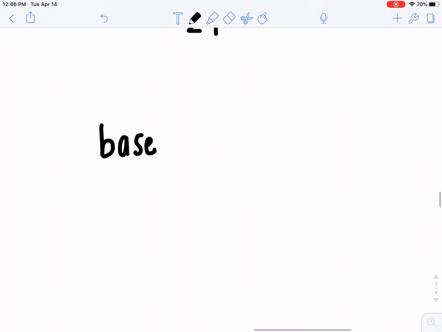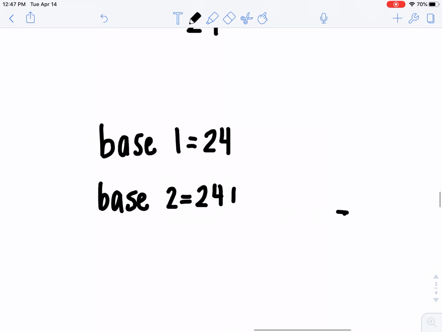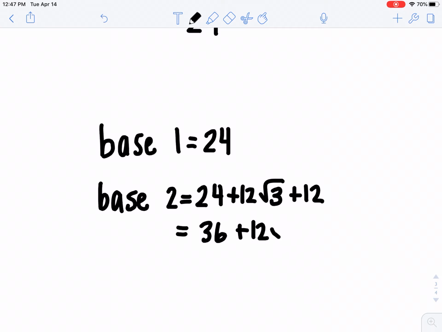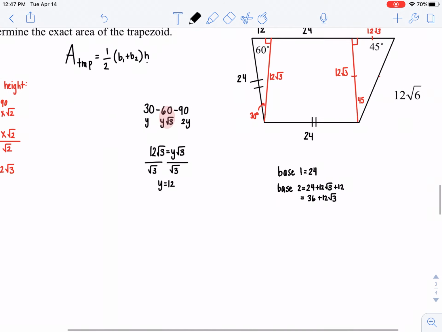So base 1 is 24. Base 2, well, we're going to add it all together. We have 24 plus 12√3 plus 12, which is equal to 36 plus 12 square root of 3.